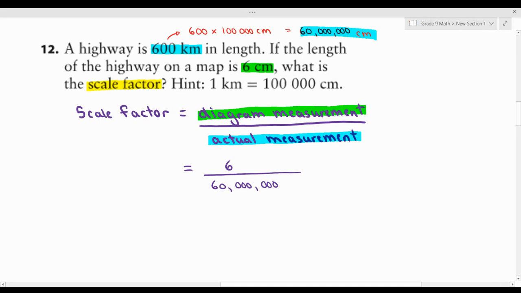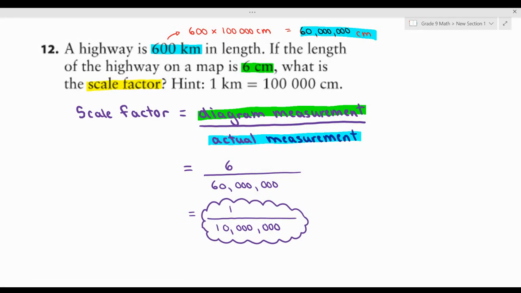And if we divided that, 6 divided by 60 million, it's a pretty small number. So we could reduce this down as a fraction. So this would be like 1, because you could divide the top and bottom by 6, over 10 million. Okay, so the scale factor is basically 1 centimeter on this drawing is representing 10 million centimeters of the actual length.